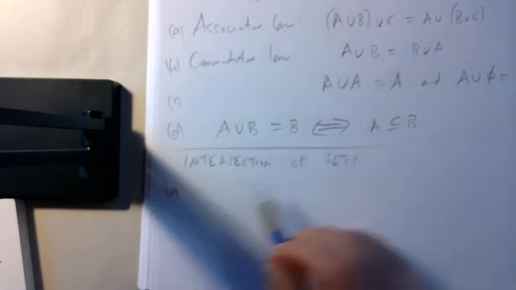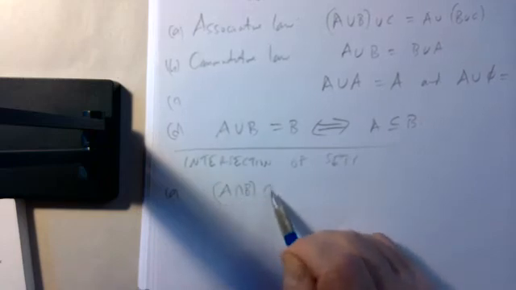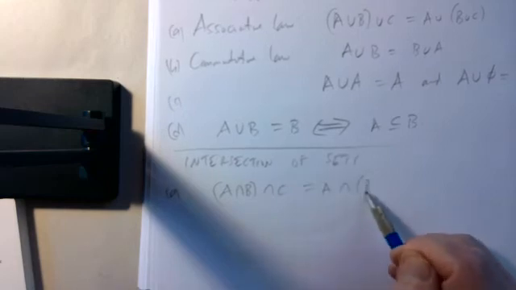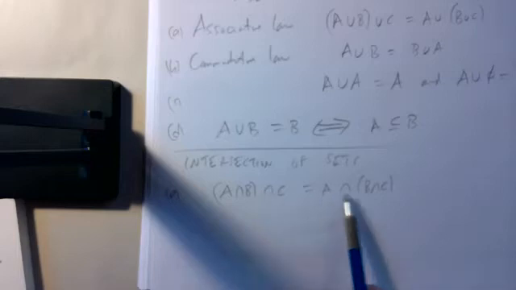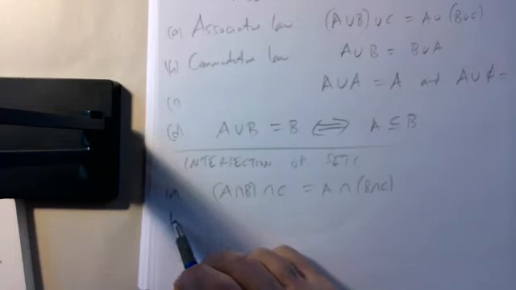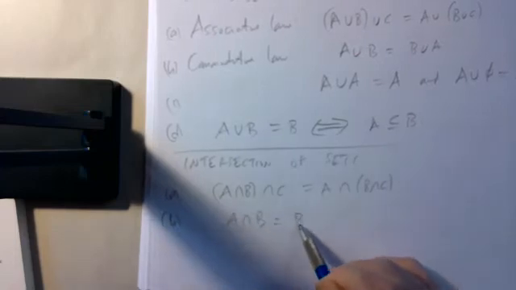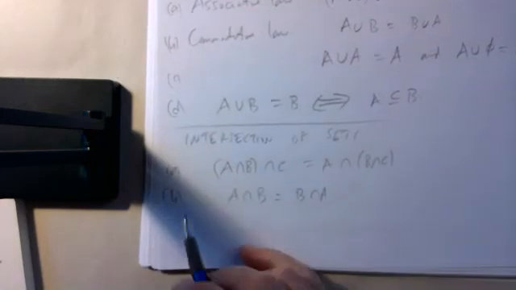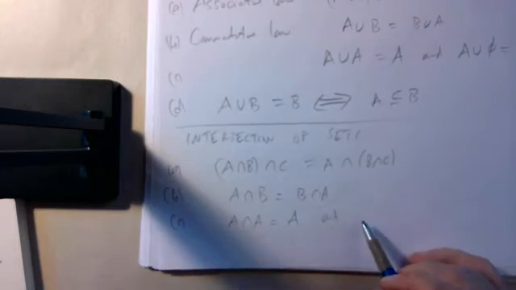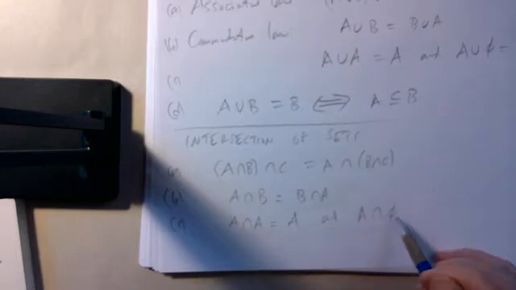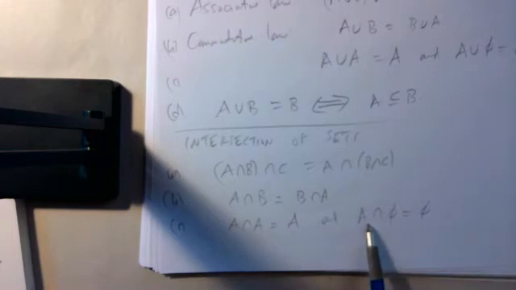There's the associative law for intersection: A intersect B intersected with C is the same as A intersected with the intersection of B and C. Again, if something is in A intersect B and in C, this means it's in A and B and C. So it's in A and B intersect C. And we have commutativity, A intersect B is B intersect A. The intersection of a set with itself is the set, and the intersection of a set with the empty set is the empty set, because this means everything in A and in the empty set, and nothing is in the empty set, so the set has to be empty.